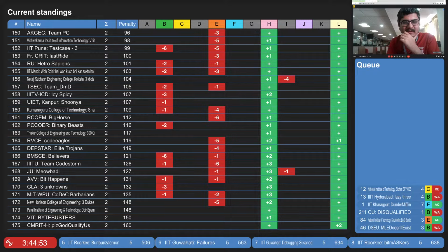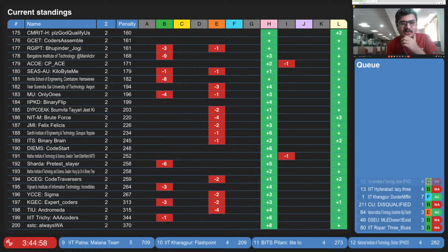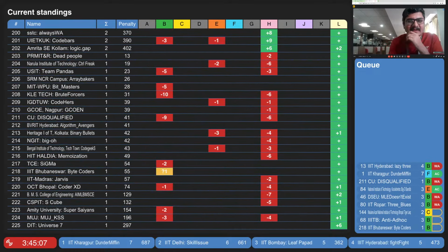I am hopeful that skill issue and Dunder Mifflin can definitely solve based on what, which will at least make my prediction that the highest team will solve 8 problems. My other prediction was that around 9 to 10 distinct problems would be solved, but it doesn't look like that would be the case now.